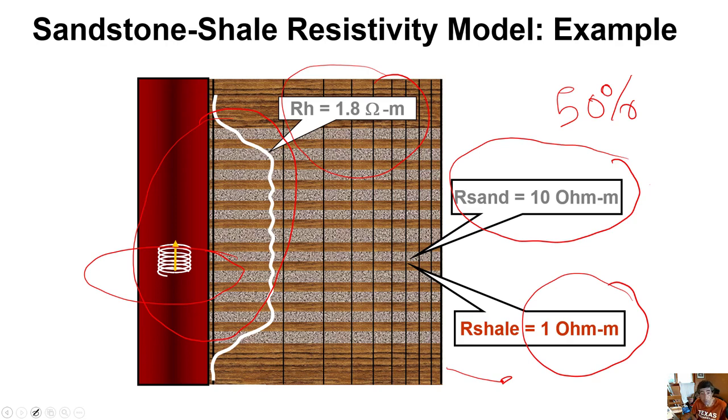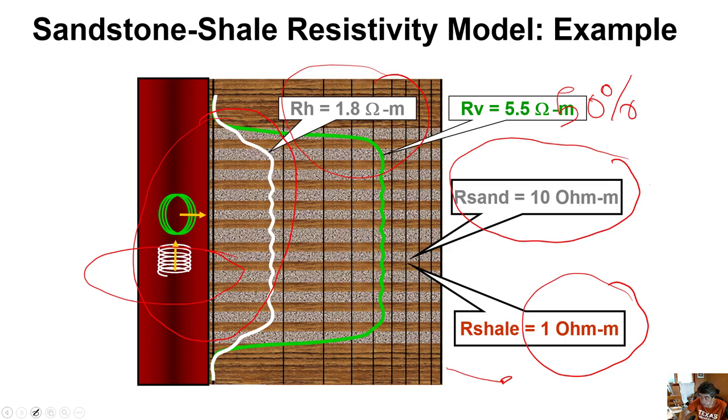Now, what happens if miraculously you are in modern times and you have an instrument that measures the electrical resistivity perpendicular to the bedding plane? Now this is the green color curve. What happens?